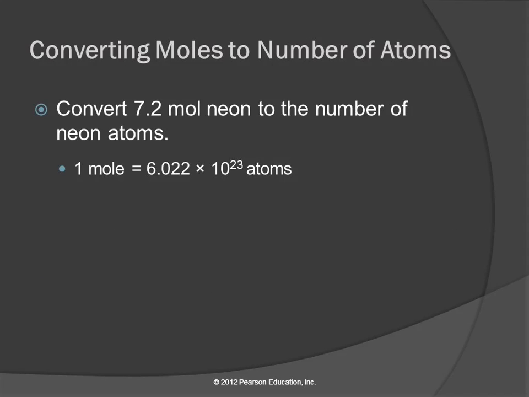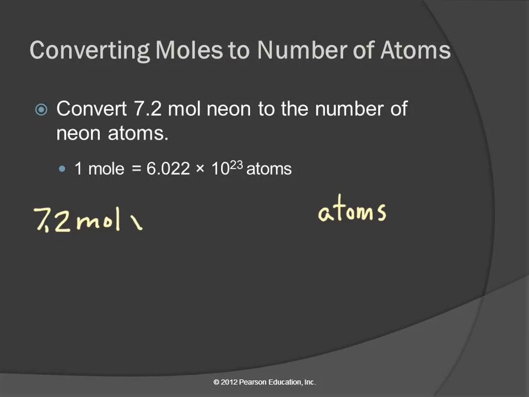So let's do this one. Convert 7.2 moles of neon to the number of neon atoms. And here I'm giving you what a mole is because I just told you about this, so you probably haven't memorized that just yet. That is a number you need to know. 7.2 moles. These come down to being unit conversion problems or dimensional analysis problems. I have moles and I want atoms.